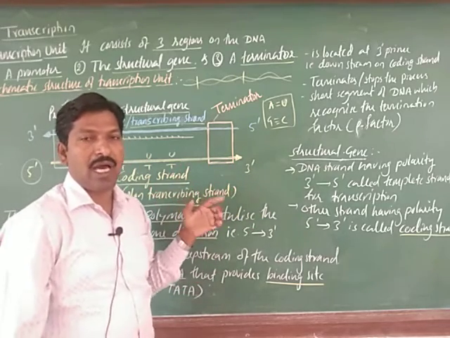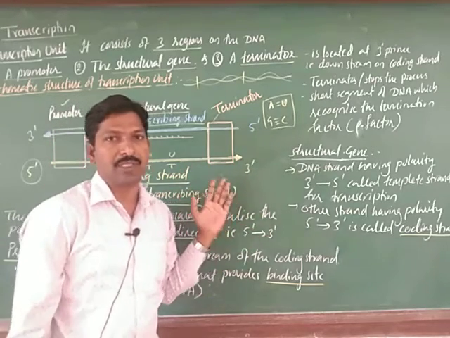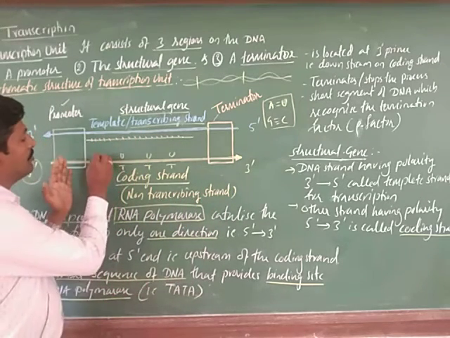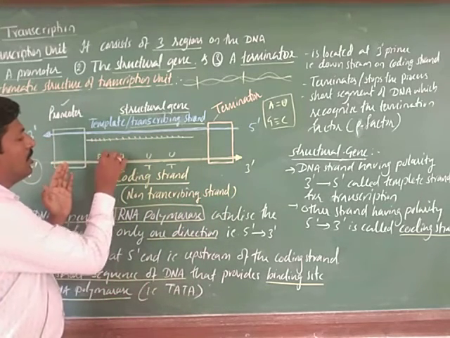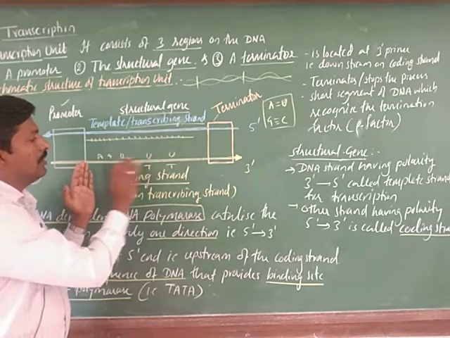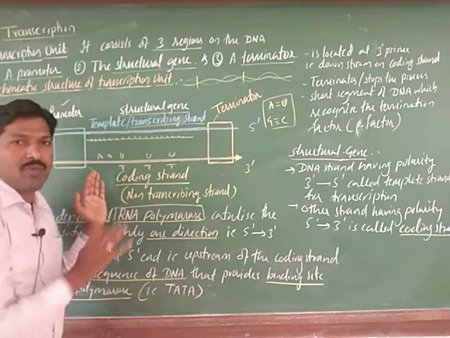Instead of thymine, uracil is present because it is an RNA sequence. The same adenine, guanine, and other bases will be present.